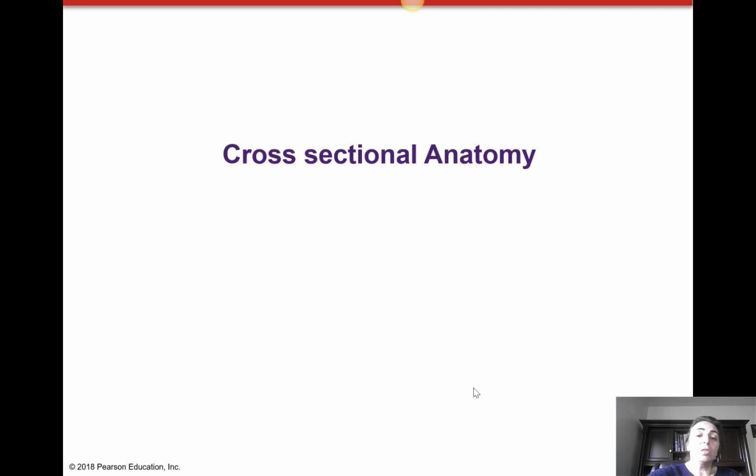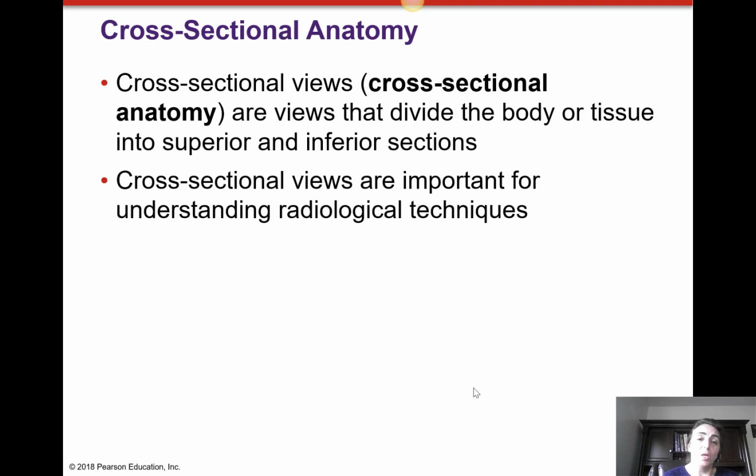So if we take pictures, for example, CAT scan or CT scan or some forms of the MRI in the cross-section way, if we cut them in the transverse or horizontal section, and we study them in this way, we call it cross-sectional anatomy.